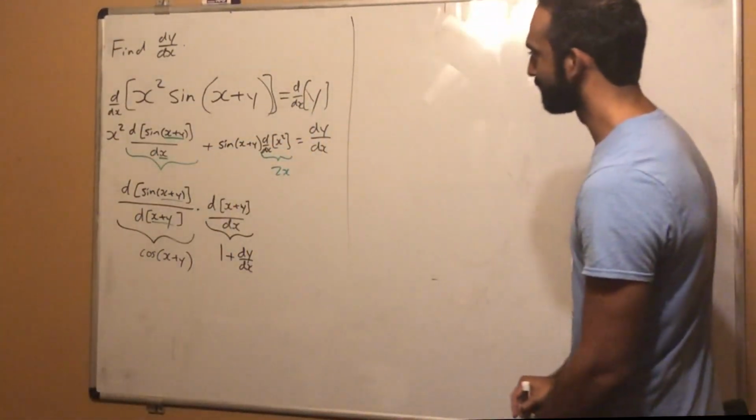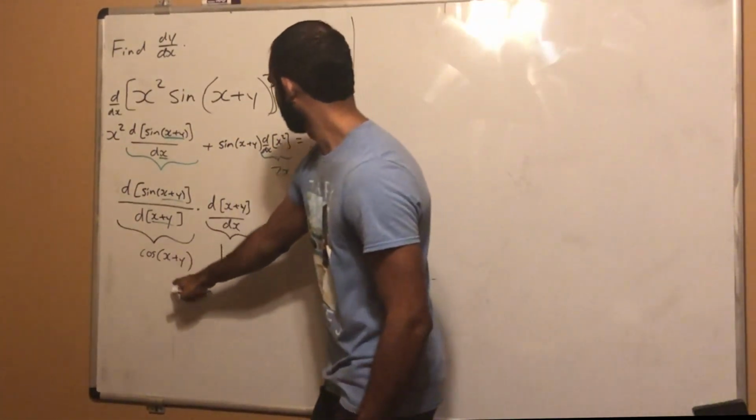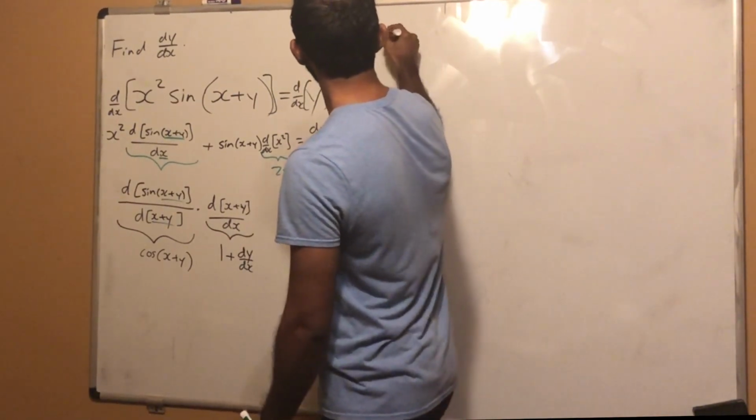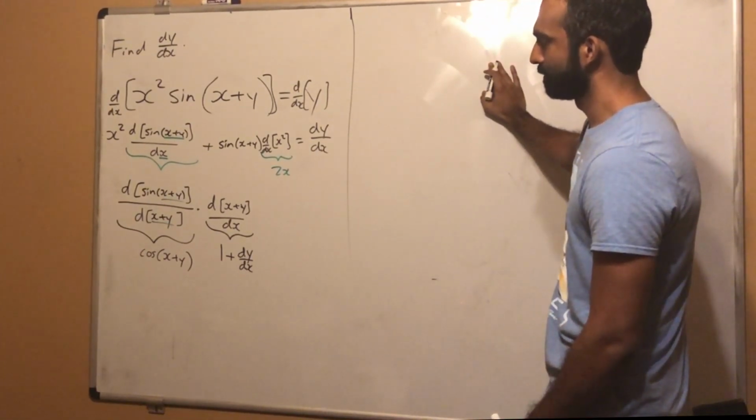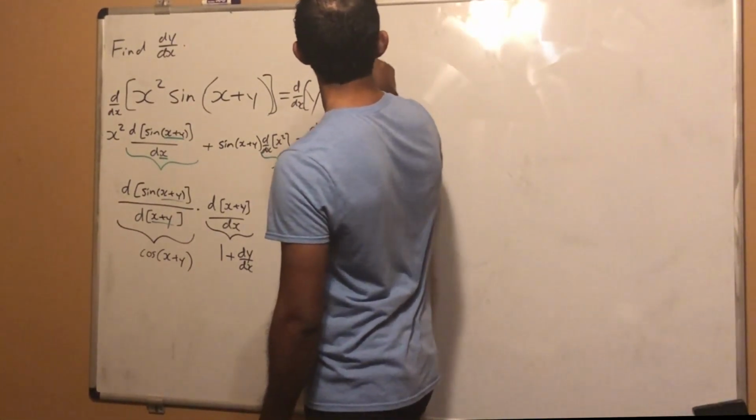So let's throw all this together here. And you'll have to distribute the cos of x plus y into the 1 plus dy over dx, right? Yes. Okay. So let's see.